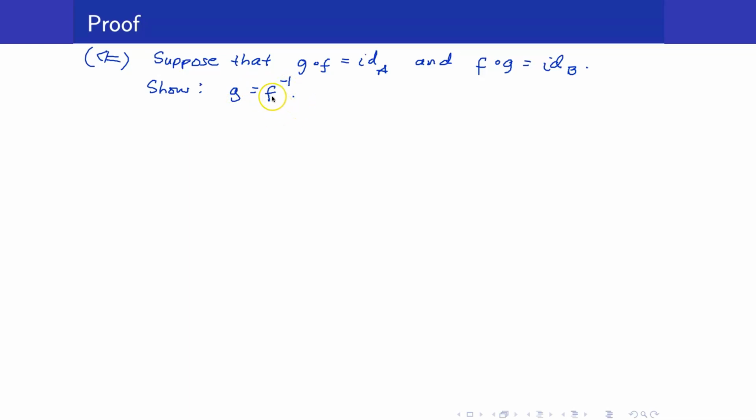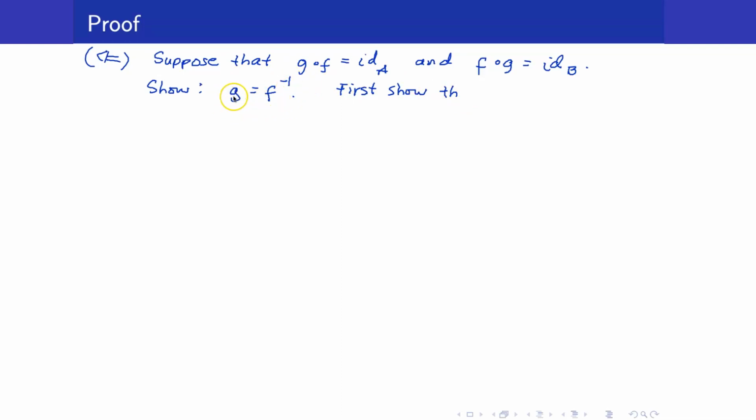Now, in the first place, I want to show that F inverse is a function. How do we show that F inverse is a function? We must first show that F is bijective, correct? For F inverse to be a function.